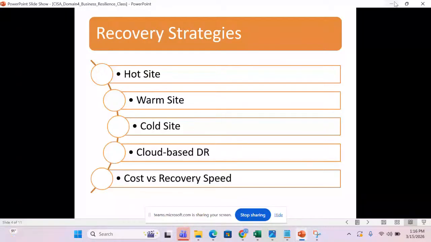Because if you are storing your backup in your premises, it means that if anything happens to your server one, it will also happen to your server two. Why? Because they are sharing the same services, the same network, the same database, the same dependency.